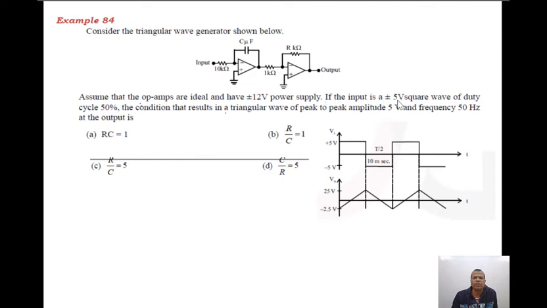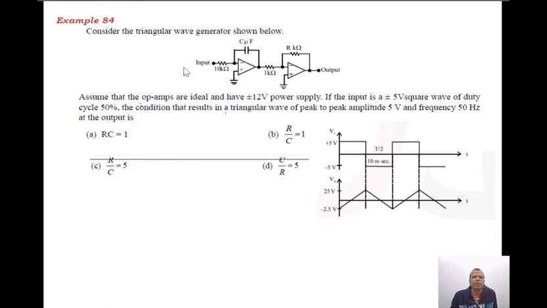If the input is a plus minus 5 volt square wave with a duty cycle of 50%, the condition that results in a triangular wave of peak to peak amplitude 5 volt and frequency of 50 hertz at the output is.